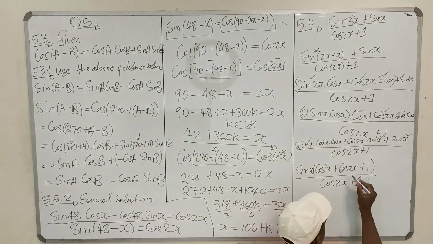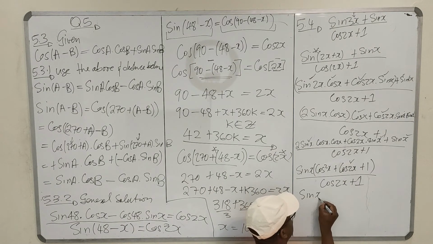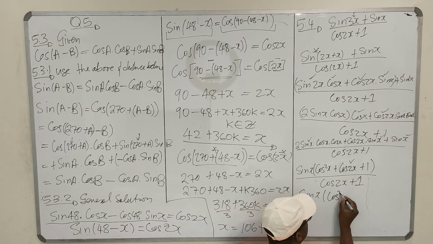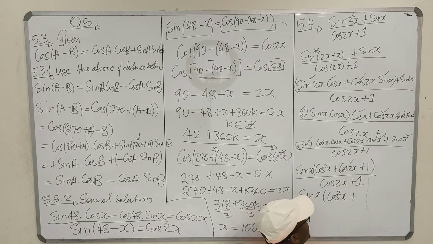You know what this is. So we have sine x into cos squared x plus this. You can expand this, or you can change it and use its identity.